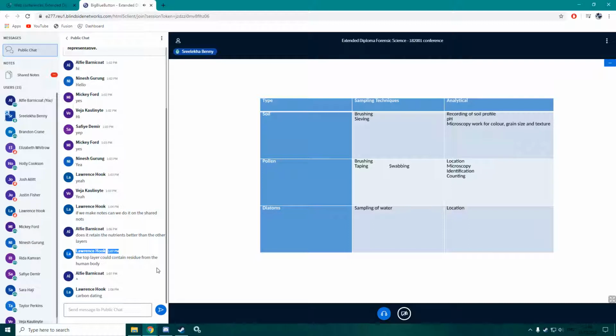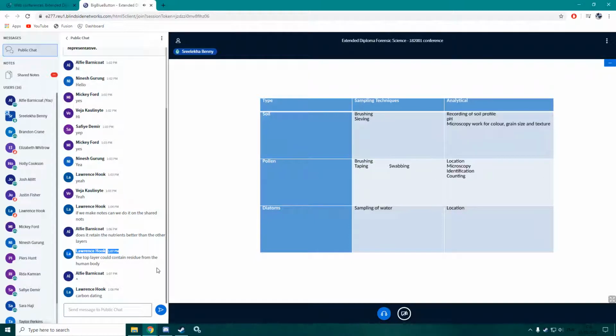You can find out which crop will grow in that soil. So all of these help in soil analysis. So that is with the soil.